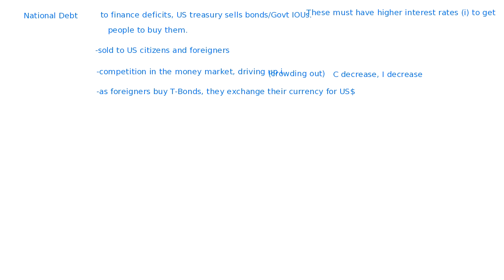Okay, so what that does, it causes the demand for dollars to increase, causing the value of the dollar to increase. Okay, now that does not sound like a bad thing.